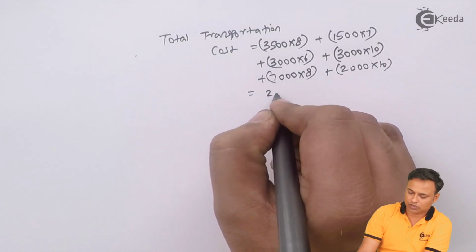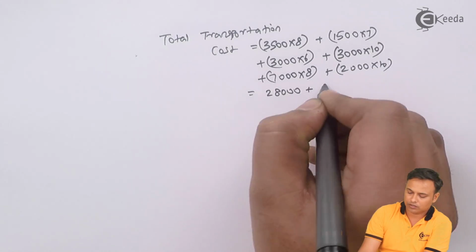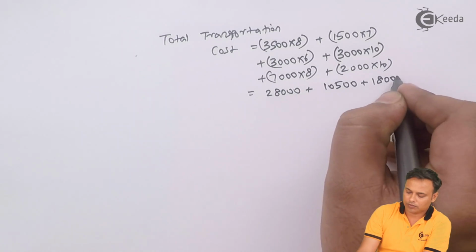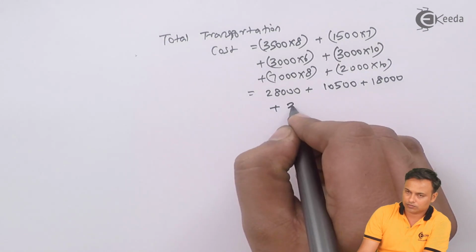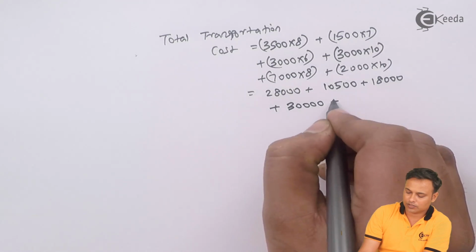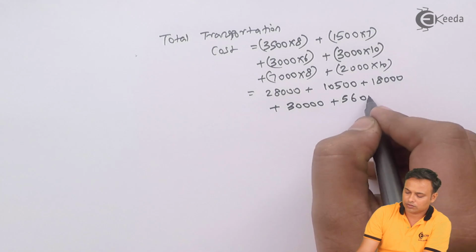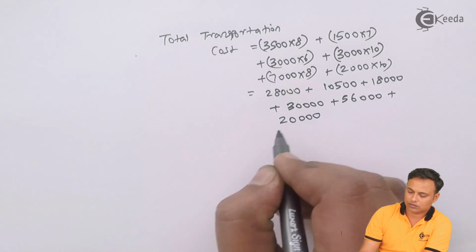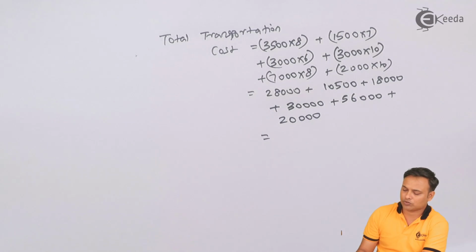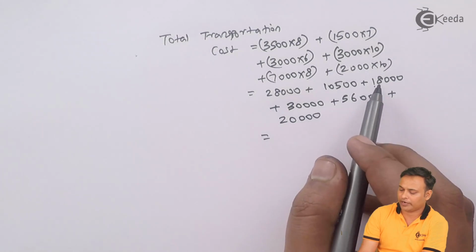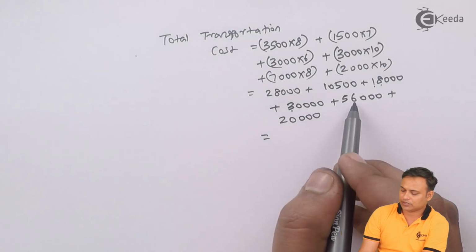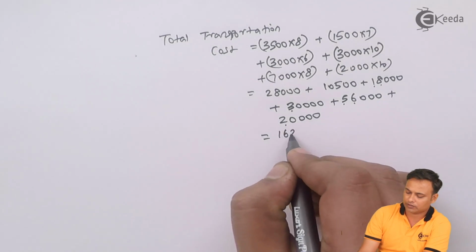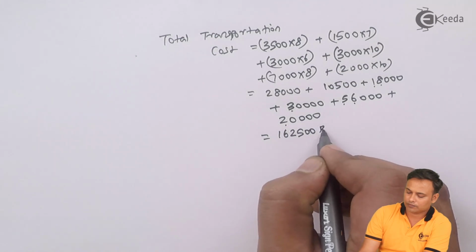So we'll multiply this. 28,000 plus 10,500 plus 18,000 plus 30,000 plus 56,000 and 20,000, which comes to 162,500.